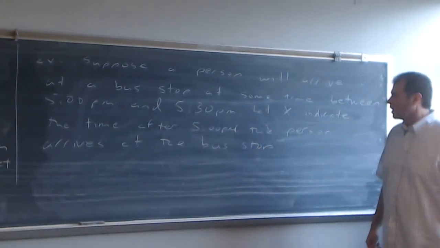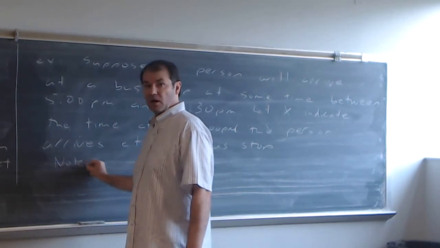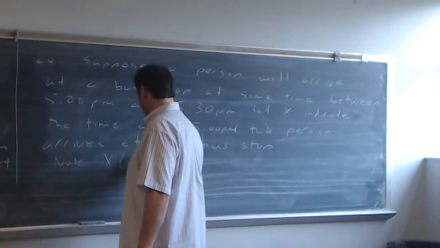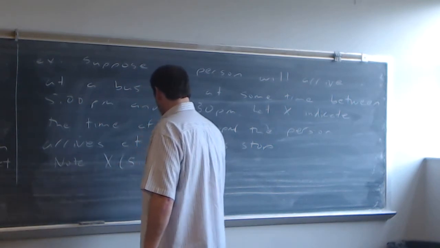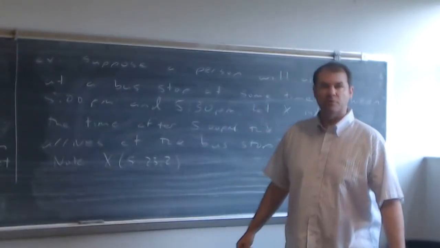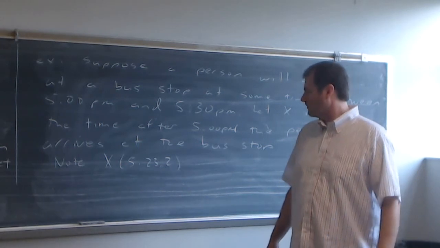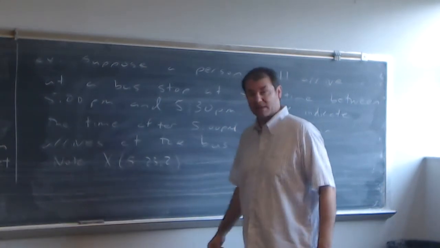All right, so just as an example of how this X is defined, X of 5:23.2. What I'm saying here is this person showed up at the bus stop 23.2 minutes after 5 o'clock.